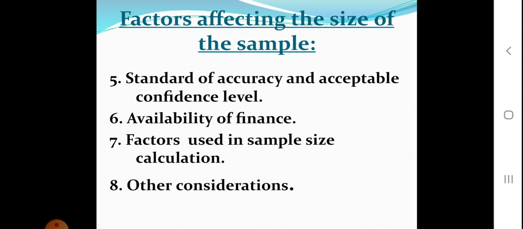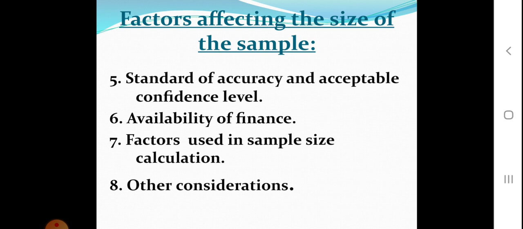The fifth factor is standard of accuracy and acceptable confidence level. If the standard of accuracy or the level of precision is to be kept high, we shall require a relatively larger sample.